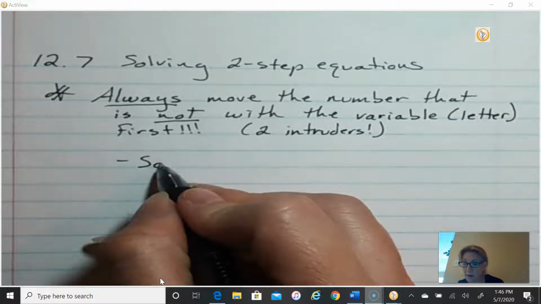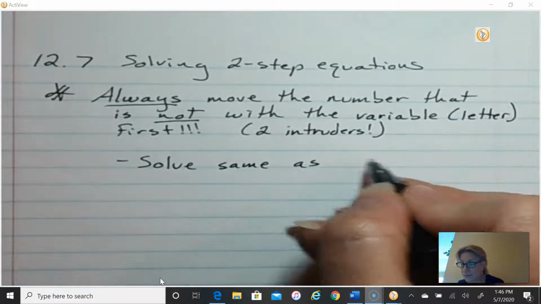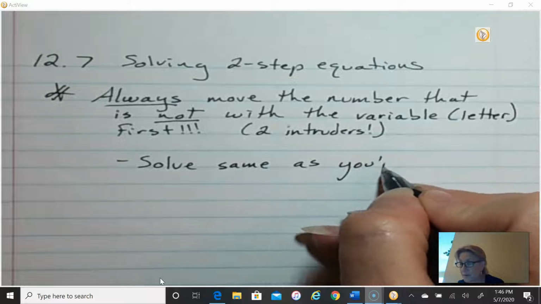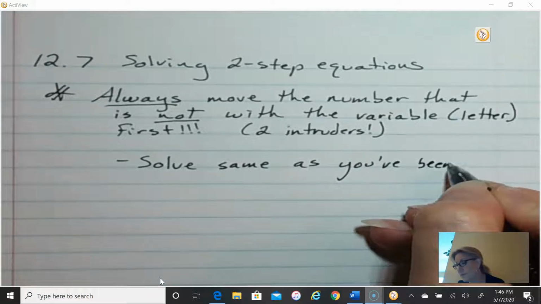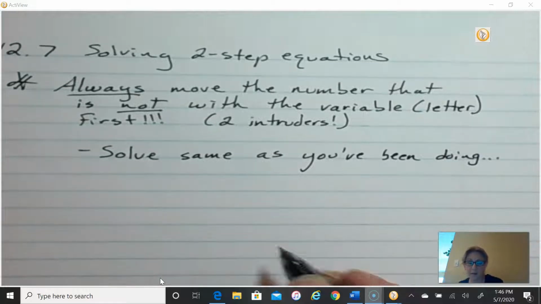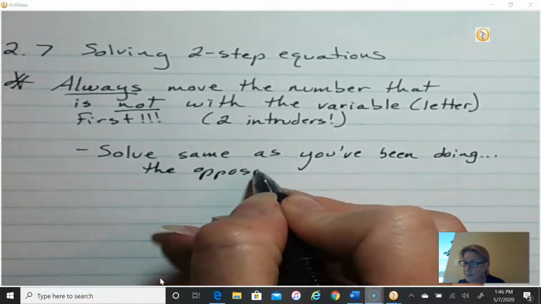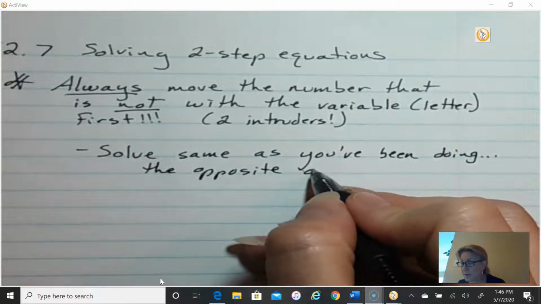Basically, solve the same as you've been doing: the opposite on both sides.